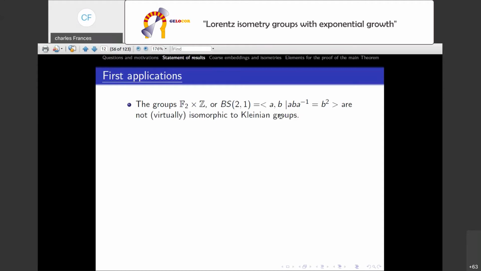That they are not isomorphic to a Kleinian group. It's not completely obvious. The point is that both groups can be embedded in O1D for D big enough, but never in a discrete way. So they are not Kleinian groups. They have exponential growth. So you can deduce from the theorem that they cannot appear as discrete subgroups of the isometry group, and in particular, the isometry group cannot coincide with one of those groups.